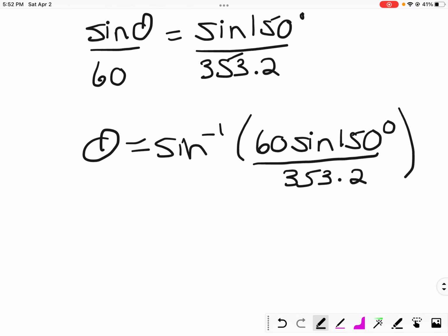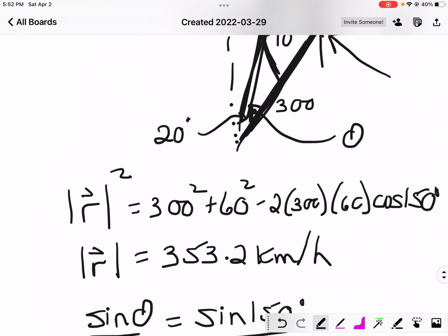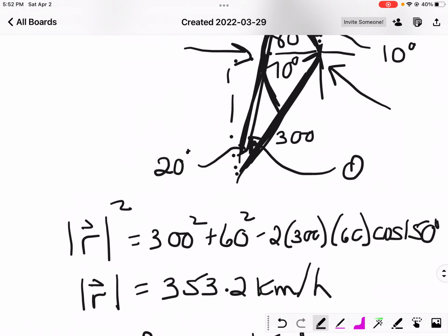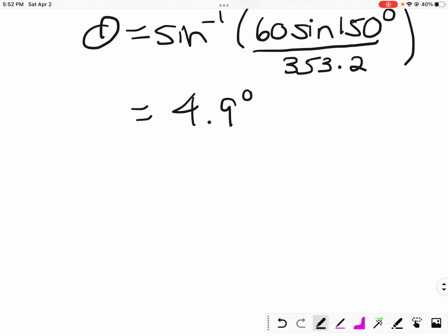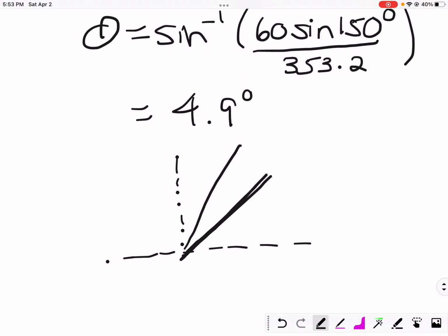And you're going to get an angle here of 4.9 degrees. And you're thinking, that's not the same answer as before. But look where that angle is. It's the angle in that triangle. And I'm going to go down here and do this a little bit bigger. So this is the resultant. This is the initial, the first of the two vectors.